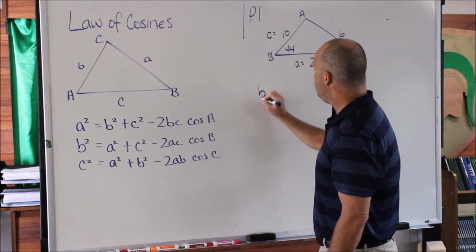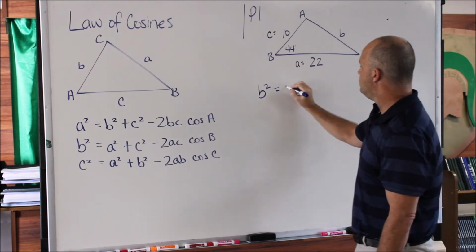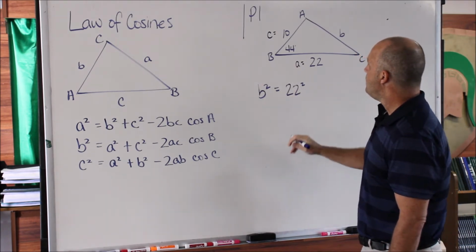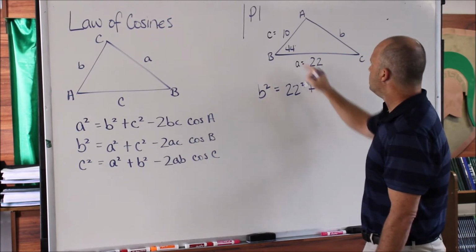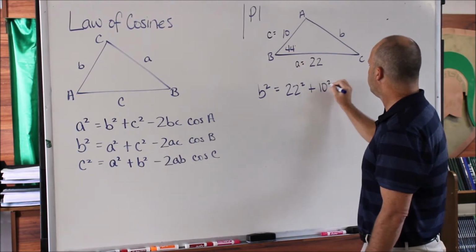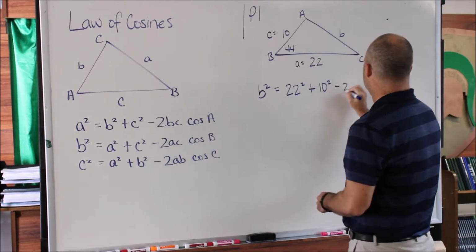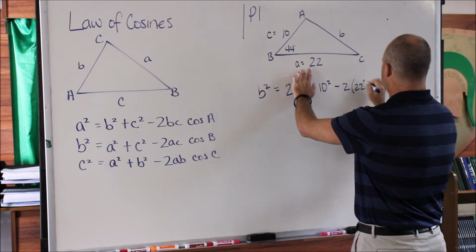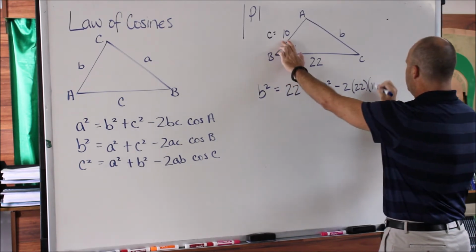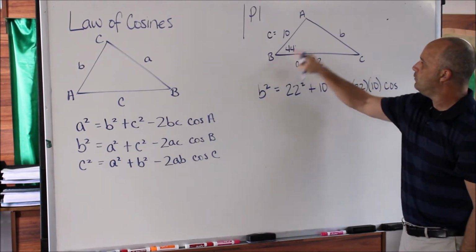So we're looking at B squared equals A squared, so 22 squared, plus C squared, so plus 10 squared, minus 2 times A, 22, times C, 10, times the cosine of B, which is 44.